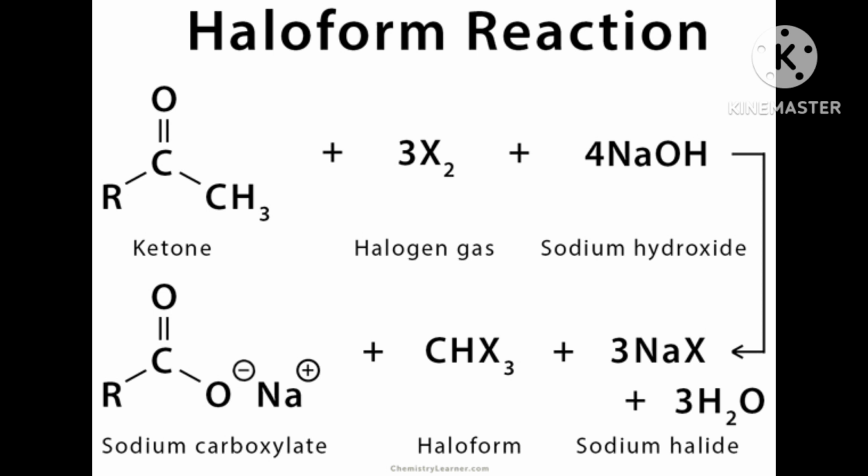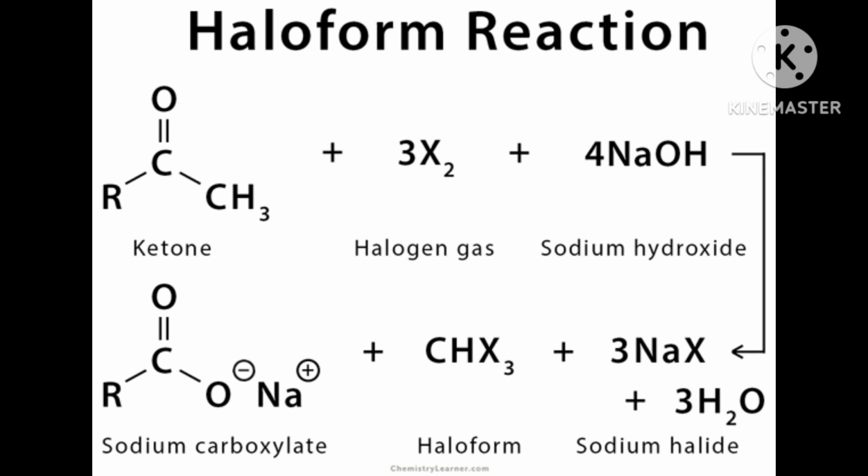Actually this sodium potassium tartrate is a solid. When it is dissolved in alkali, like basic medium NaOH or KOH, that is called alkaline solution of sodium potassium tartrate. Sodium potassium tartrate is also called Rochelle salt.